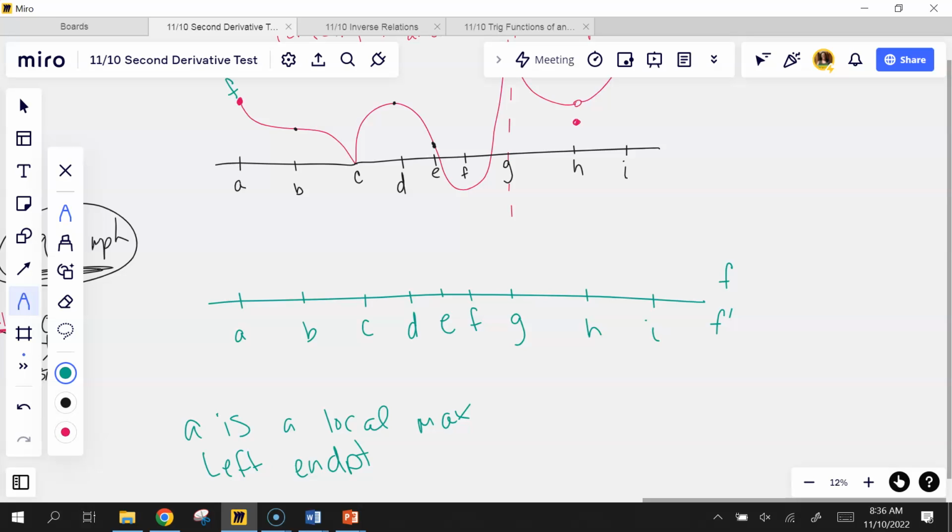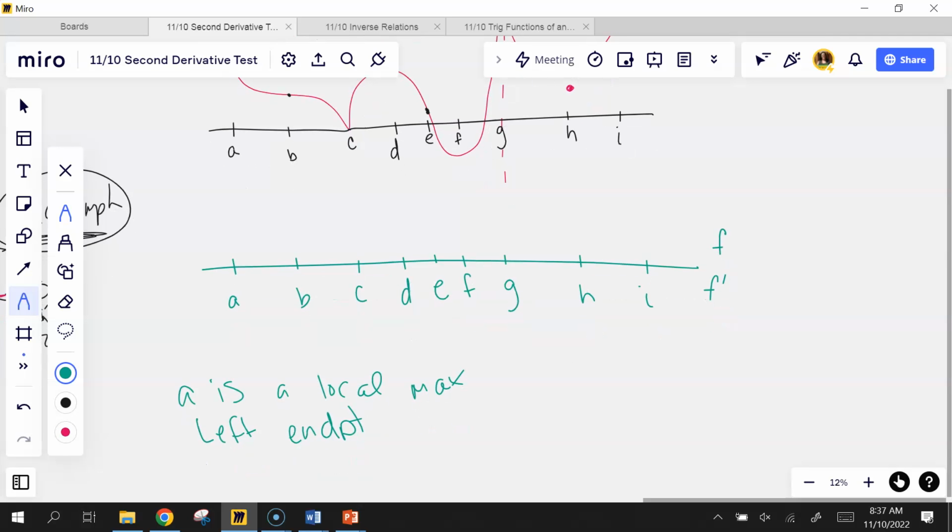Between A and B, tell me what the function is doing first. Decreasing. We all agree it's decreasing. So what does that tell me about the derivative?